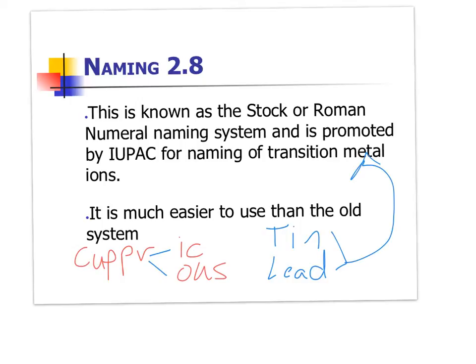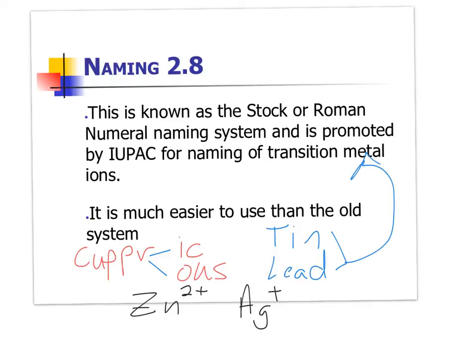Now, there are some elements that, under normal circumstances, only form one positive ion. Zinc tends to only form the positive 2 charge, and silver tends to only form the positive 1 charge.